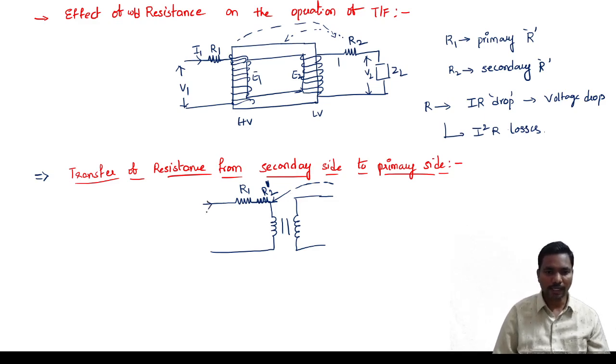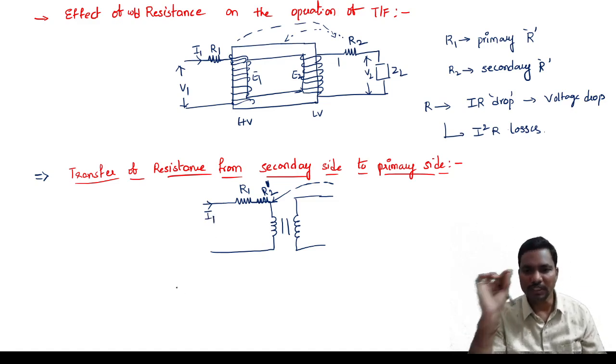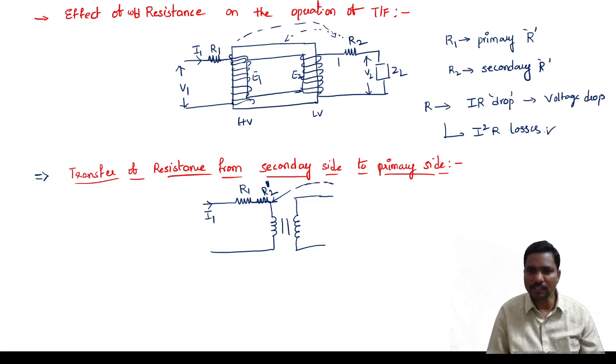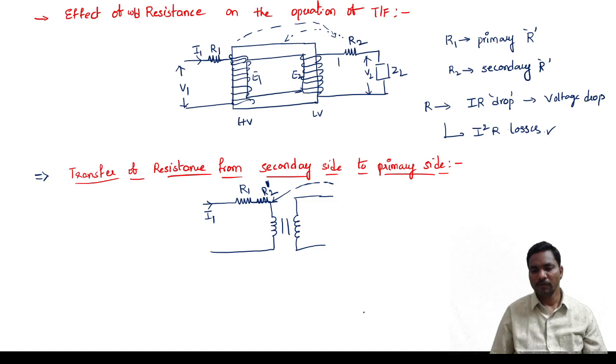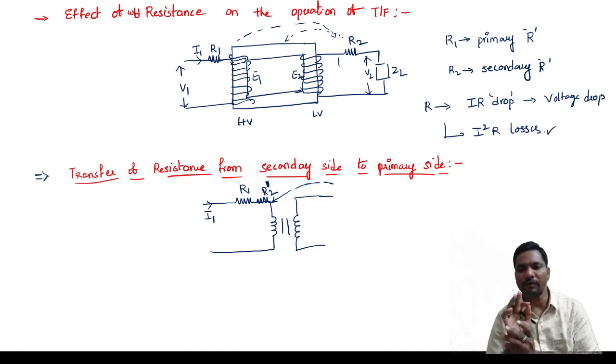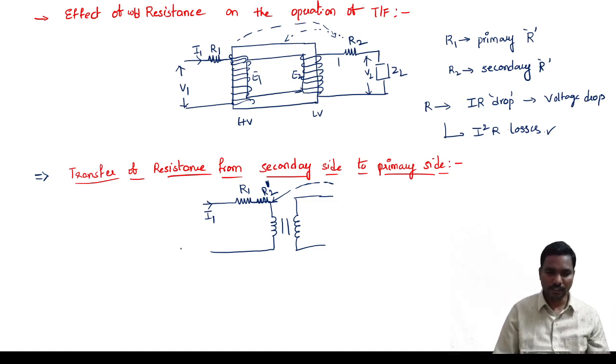Whether we transfer the resistance from primary to secondary or secondary to primary, the losses are the same. On the primary side we have current I1. Due to resistance we get the losses, and they are the same whether it is connected in the primary or the secondary. If it is R2 with current I2, the loss is I2 square R2.